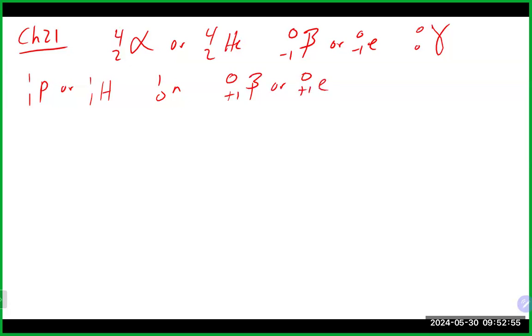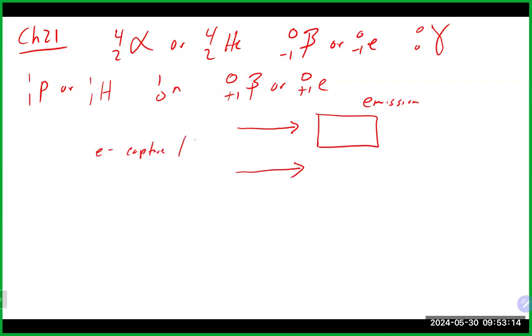So remember that when we do have some type of decay through emission, that particle will typically be there on our product side. If it's some type of bombardment or electron capture, or you're bombarding, that particle is going to be on the reactant side.